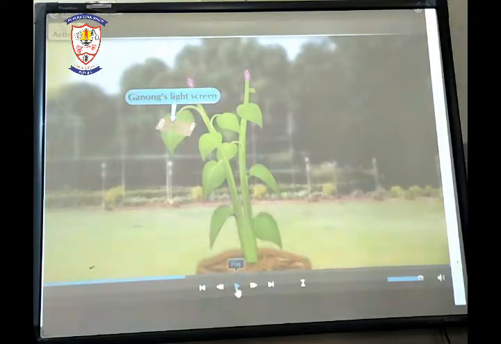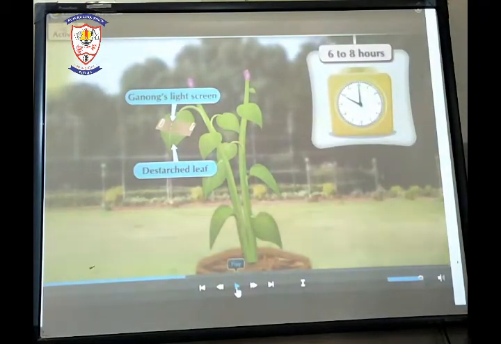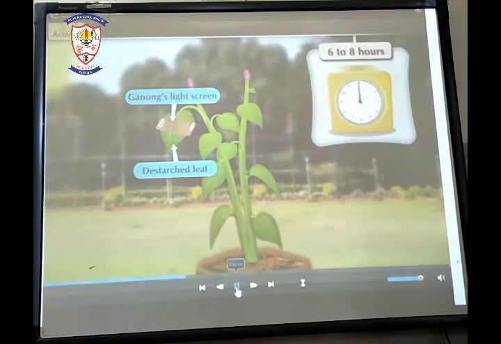It is the device to prevent sunlight from reaching some part of the plant, and we have to keep this Ganong's light screen on the destarched leaf, and then keep it in light for 6 to 8 hours.